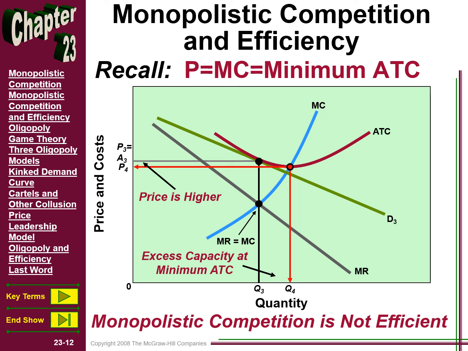However, evidence has shown that it is quite possible for a single firm operating in an industry labeled monopolistic competition to continue to earn economic profits for long periods of time.